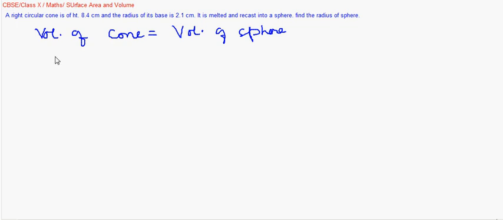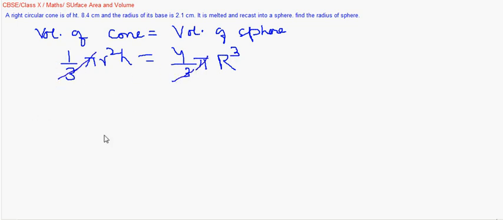Volume of cone is 1 by 3 pi r square h, and volume of the sphere will be 4 by 3 pi. I separate this r of cone and sphere. I make this a capital R cube. This gets cancelled, this gets cancelled.